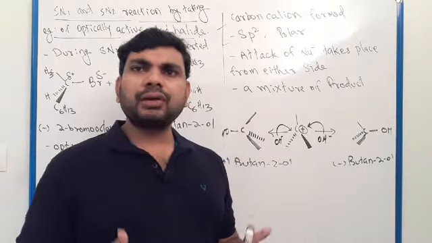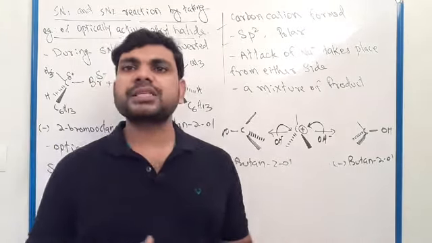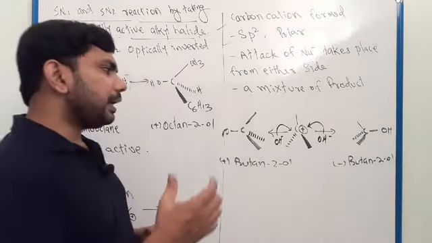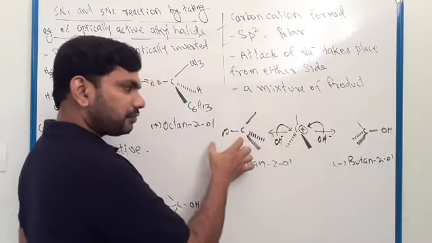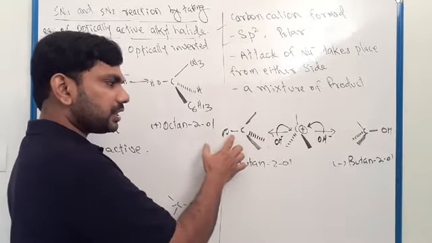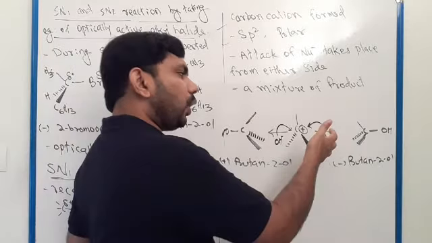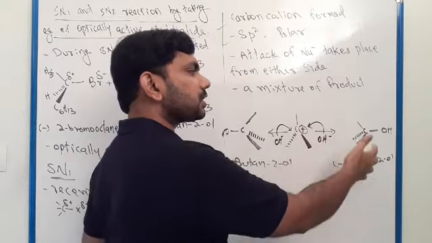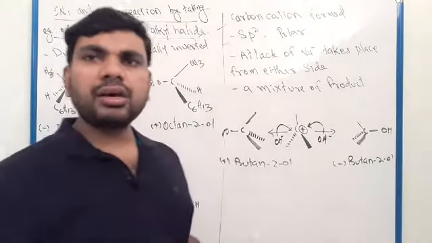So a 50-50 mixture of products is formed. Imagine the nucleophile attacking from this direction. The product is a tertiary alcohol with the OH on the left-hand side. Or imagine the OH attacking from the right-hand side, and the tertiary alcohol formed has the OH on the right-hand side.